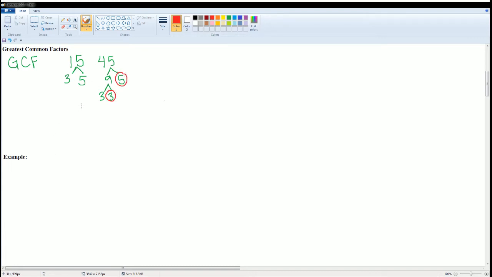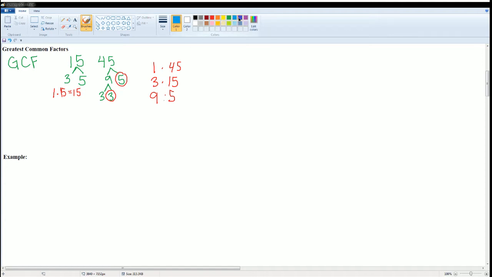So if you look at what numbers multiply to 15, 1 times 15 is equal to 15, correct? What can also multiply to 45? 1 times 45. Then we see it can also be 3 times 15 and 9 times 5.